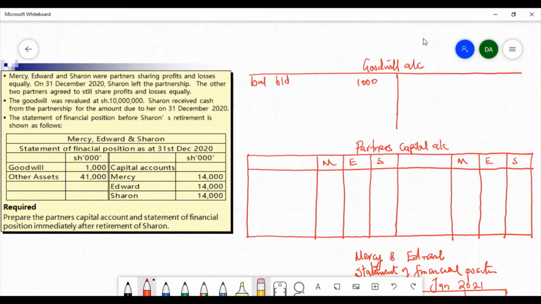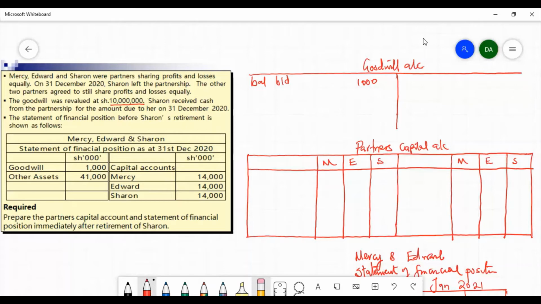But at the time of retirement of Sharon, goodwill is revalued at 10 million. That means the value of goodwill has increased from 1 million to 10 million, an increase of 9 million. This increase is shared among the old partners before retirement of Sharon, in their old profit sharing ratio.